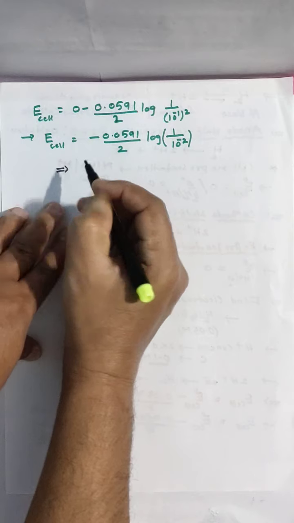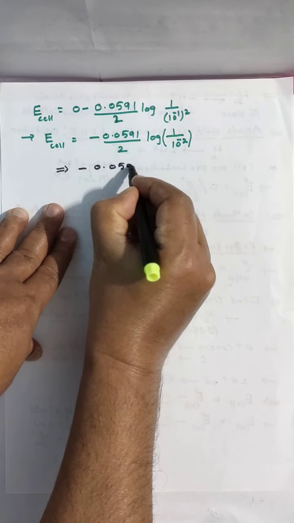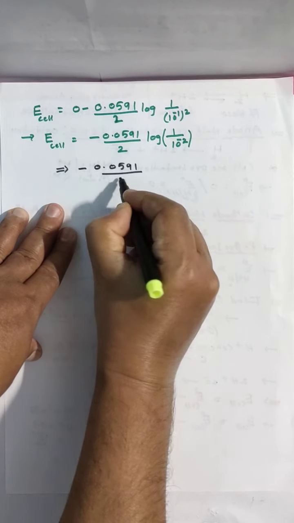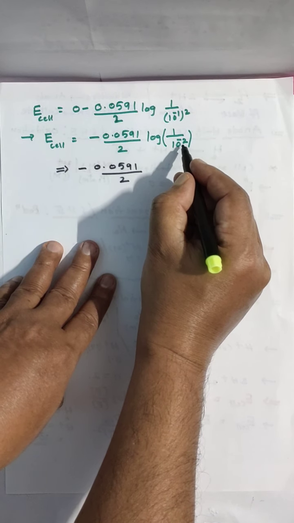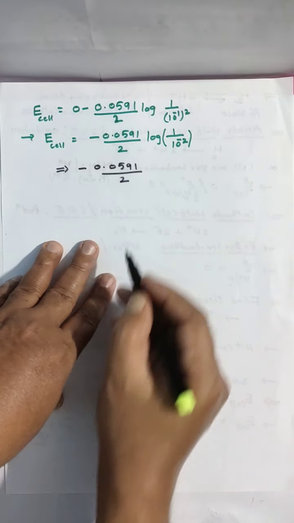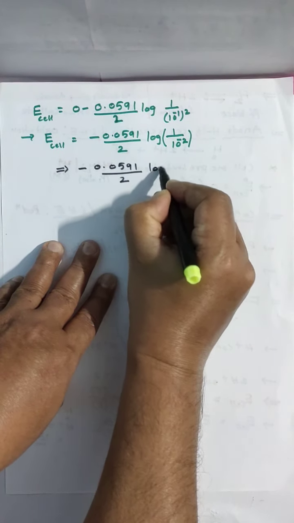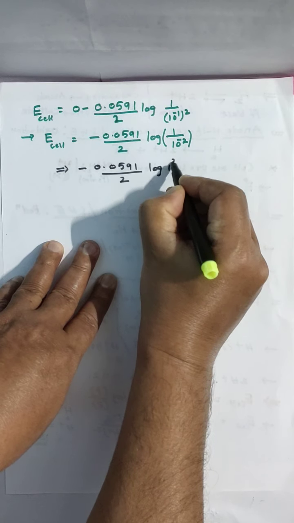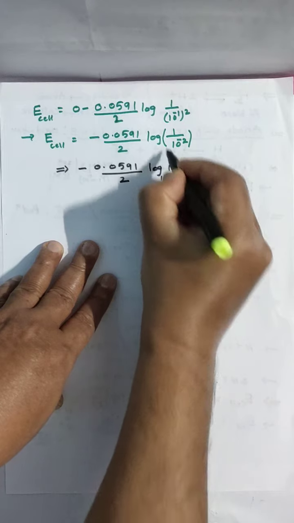That implies minus 0.0591 upon 2. This is log a power m, m log a you are getting. m log a means log of 10 square. Log is always base 10.